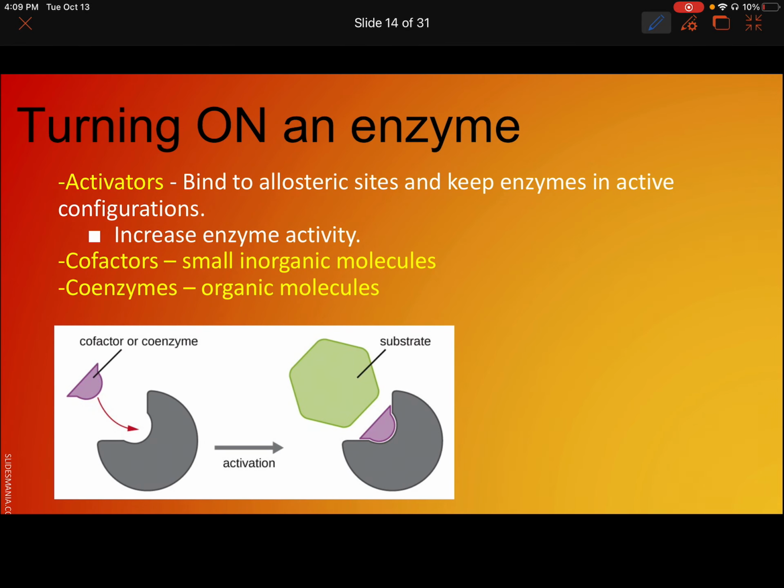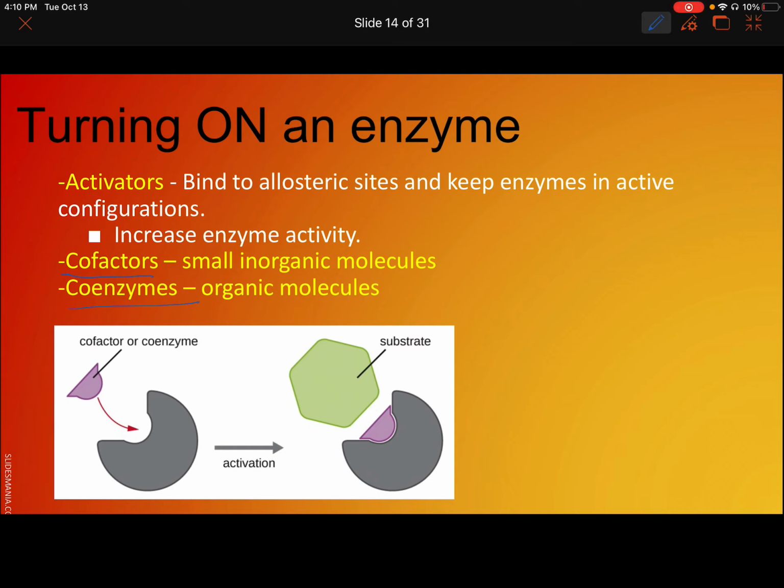And then you also have things called cofactors or coenzymes. Cofactors are inorganic molecules, very small. Coenzymes are organic molecules, and they work with the enzyme most of the time in order for something to work. This example here is a nice example because it shows how without this cofactor or coenzyme, the substrate really wouldn't have fit in that enzyme.